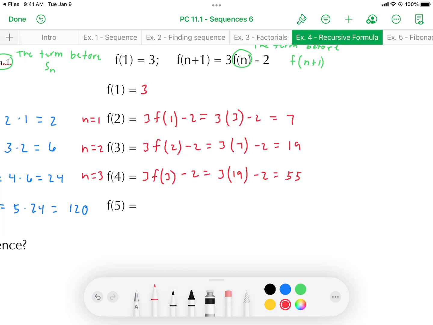And lastly, f of 5, that means n is 4. So this equals 3 times f of 4 subtracted by 2. That's 3 times 55 minus 2. What do we get there? 3 times 55, that would be 165 minus 2, so 163, right?